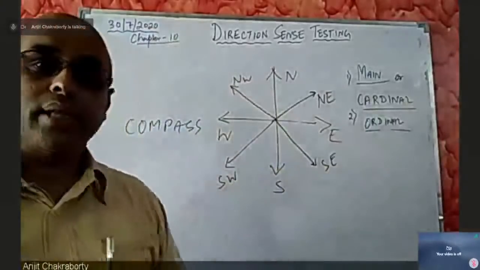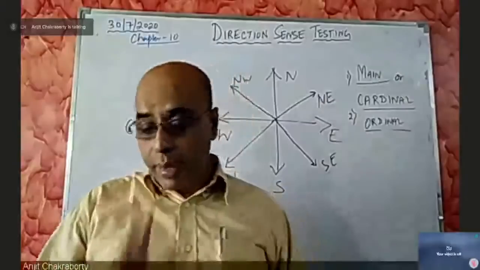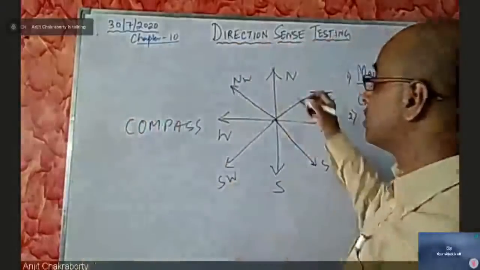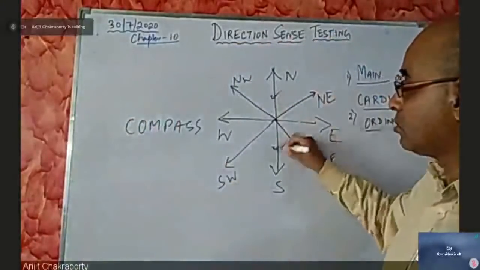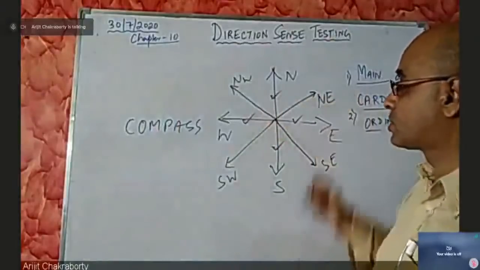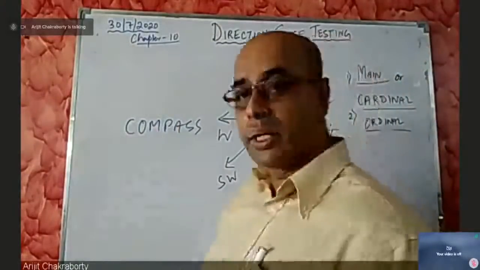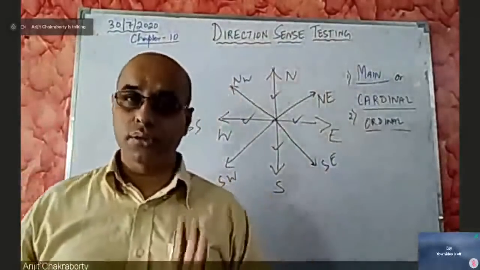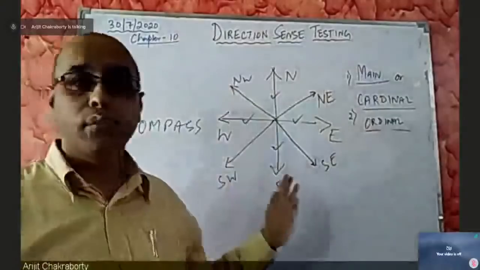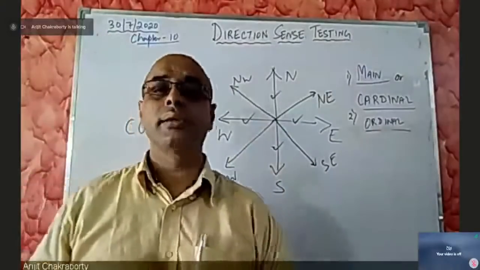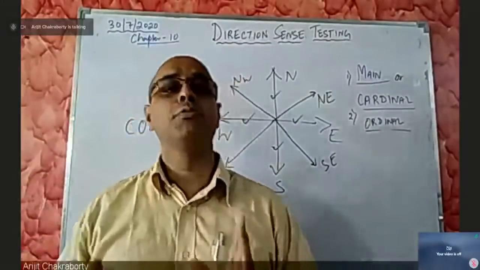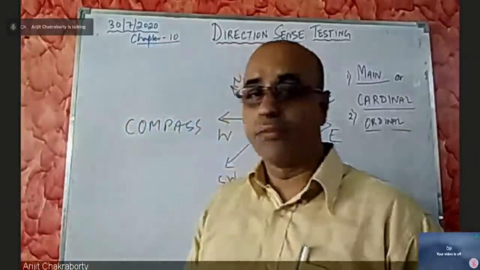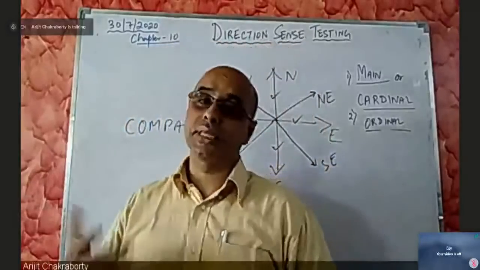The cardinal directions are the four main directions, that is north, south, west and east. And we have the four ordinal directions also: northeast, northwest, southeast and southwest. Right? I hope this is clear to all of you. I think very basic stuff, but this is everything.